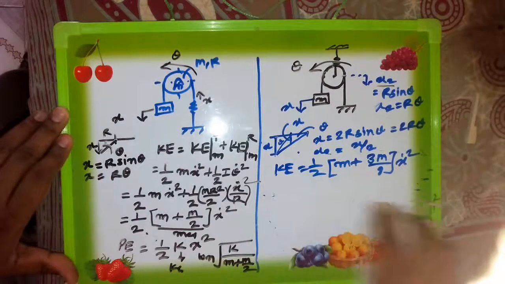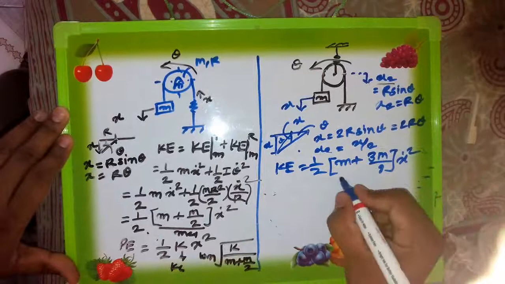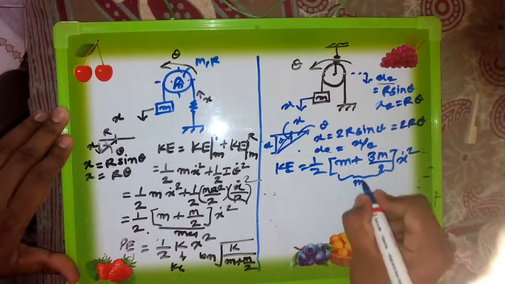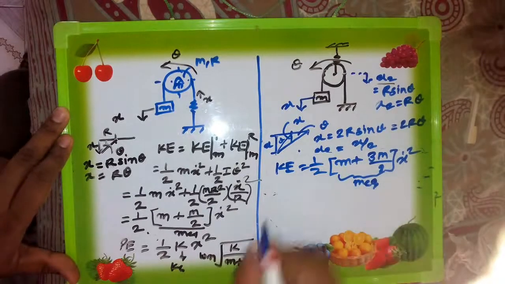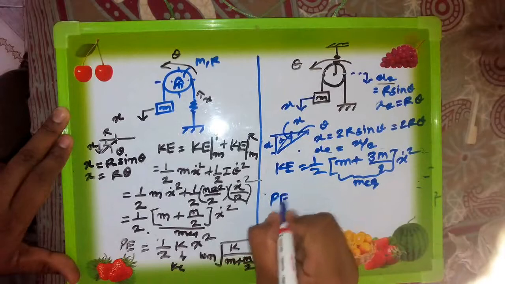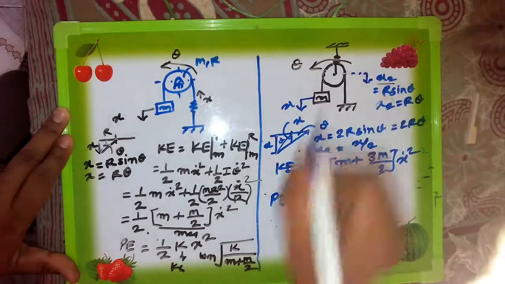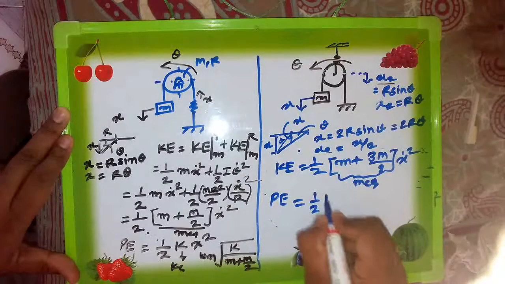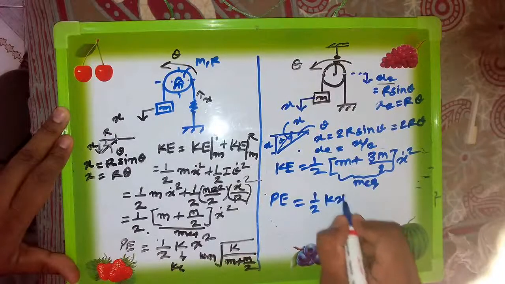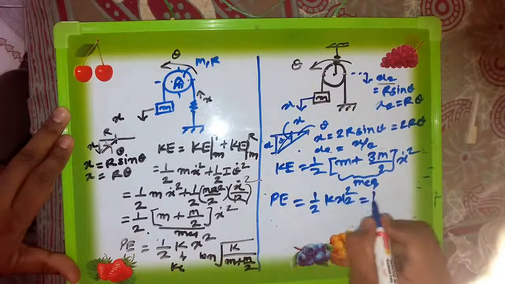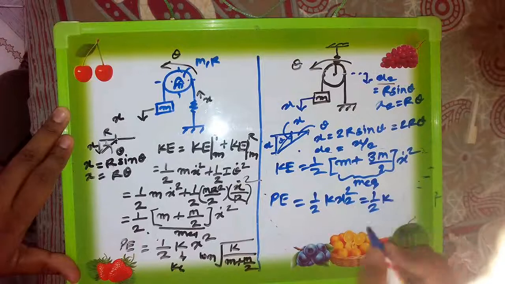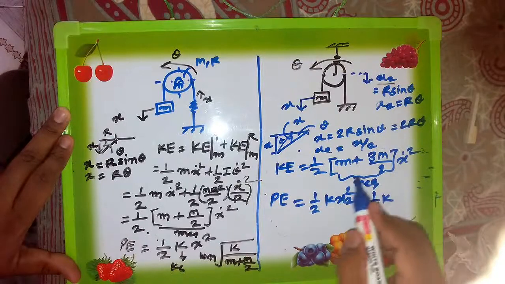Now this term is nothing but M equivalent. Similarly, I will go for the net potential energy of the system. Only one spring is there, so it is equal to 1/2 into K into x2 squared, which is equal to 1/2 into K. What is the value of x2 in the form of x1?